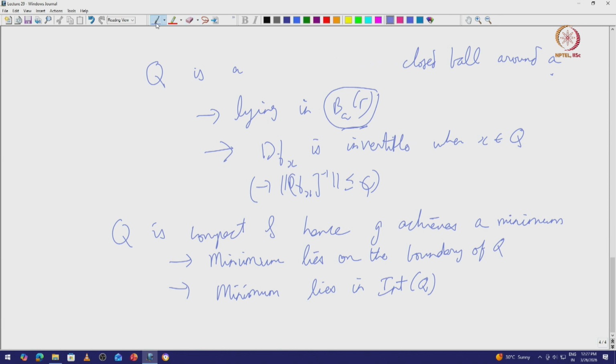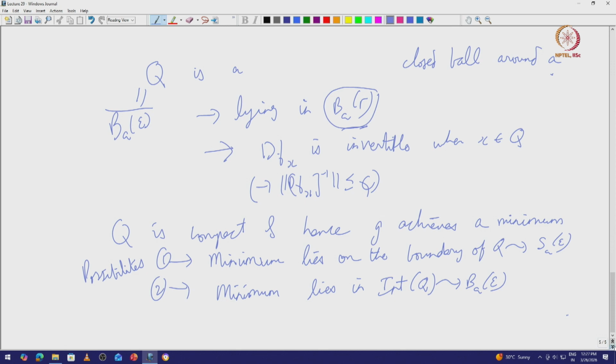So Q is, let's say, a closed ball of radius some epsilon. This is the sphere of radius epsilon around A. This is the actual ball of radius epsilon. So these are the two possibilities. Let's analyze both.